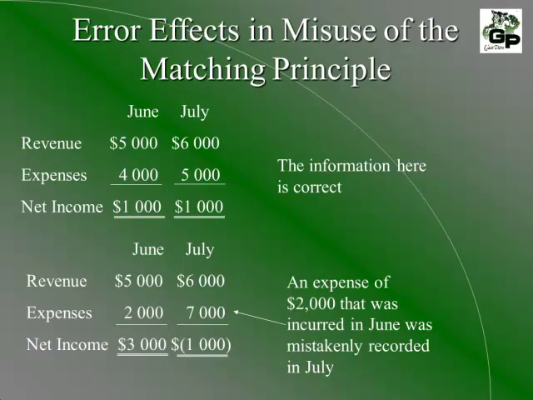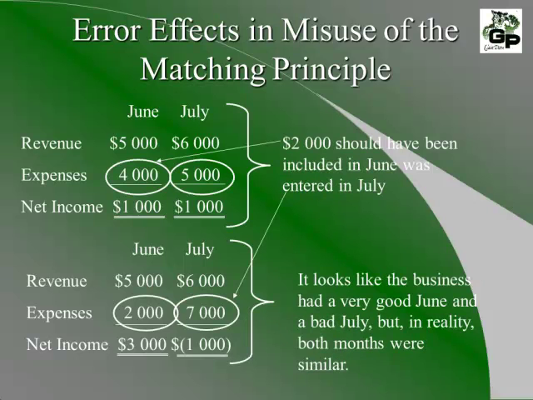Let's take a look at what happens if you don't follow the matching principle. In this example, please notice the top section is done properly. Watch while I make some marks on here. Notice that for June, we have $1,000 net income, and for July, $1,000 net income.